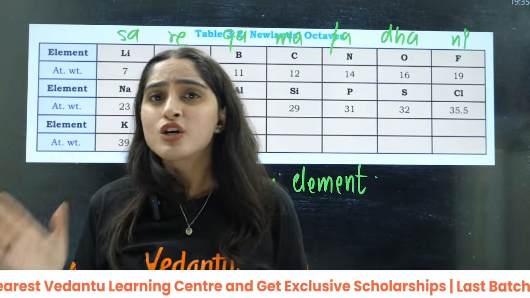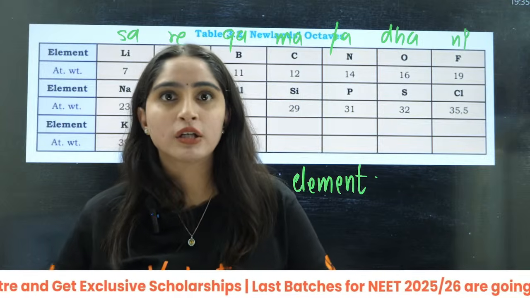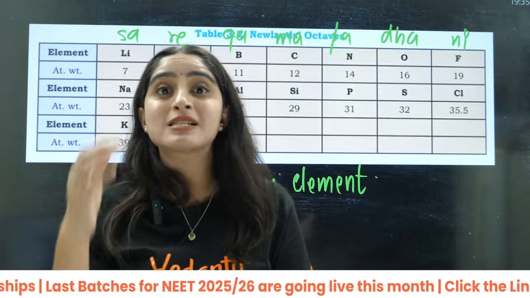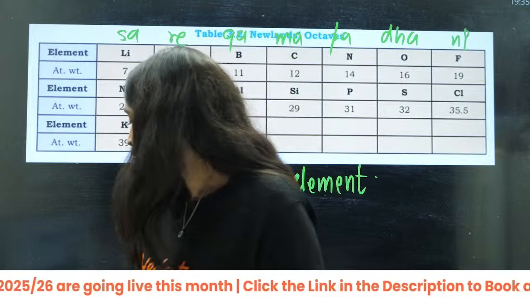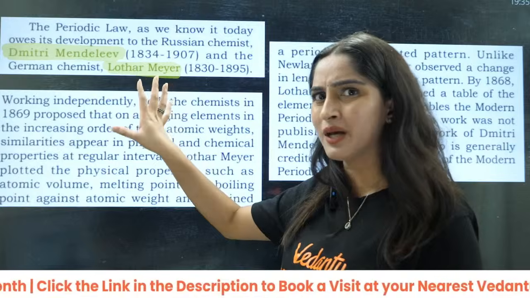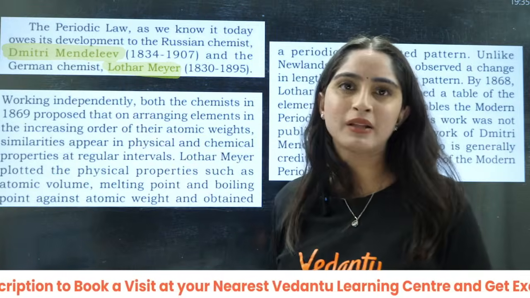Mendeleev wanted to make it simpler for students, junior scientists, and other people keenly interested in science. So they also appreciated Lothar Meyer, but the full appreciation went more to Dmitri Mendeleev.